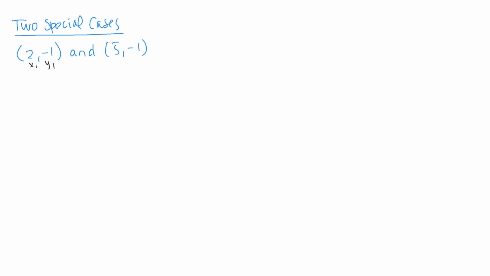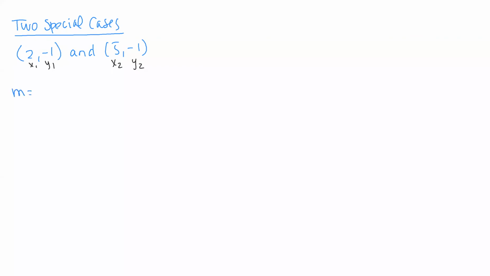Now, on the last screen, I want to show you 2 special cases. In the first case, we have 2 points, 2, -1, and 5, -1. So let's label x1, y1, x2, y2, and we're going to find our slope.